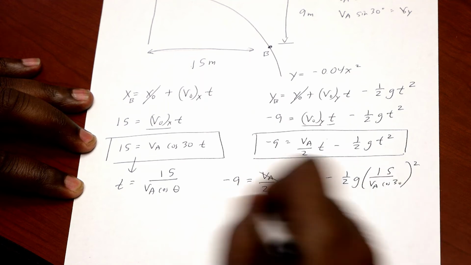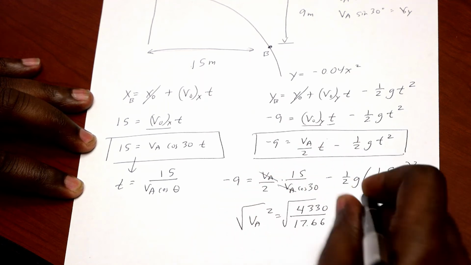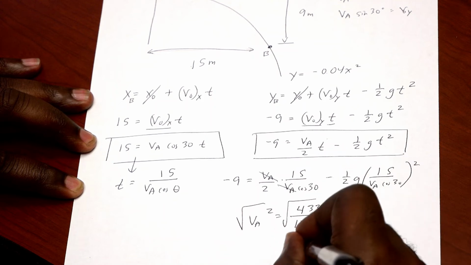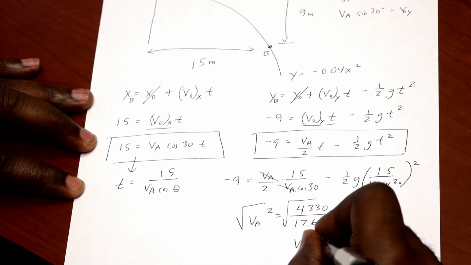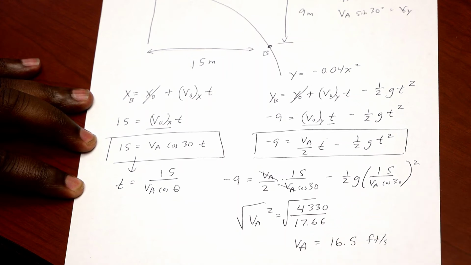So you take the square root of both sides, so VA would be equal to 16.5 feet per second.